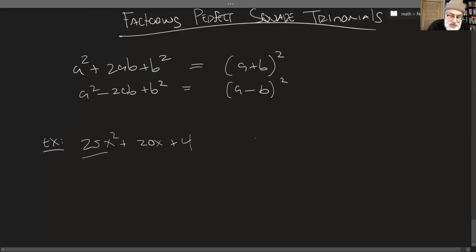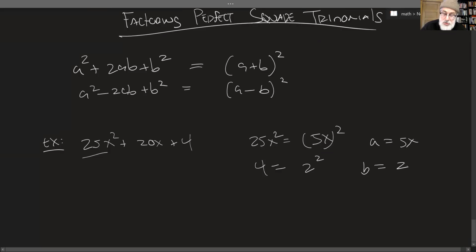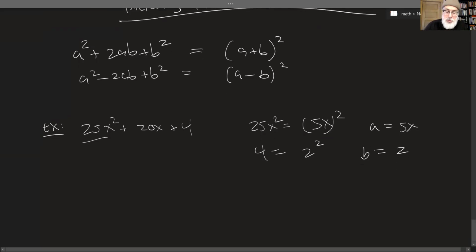Well, I know I can write this 25x squared as (5x) squared, and I can write 4 as 2 squared. So in our above form here, that means that we have a is equal to 5x and b is equal to 2. So all we really need to check now is the sign.